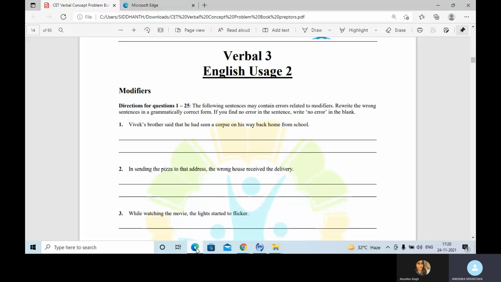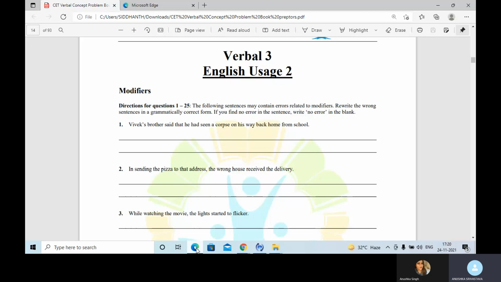So let's see, the first type of question is based on misplaced modifier. If I say, Vivek's brother said that he had seen a corpse on his way back home from school. Now the sentence is vaguely incorrect because corpse means a dead body. And he wouldn't say that the dead body was on his way back home from school. Who was on his way back home from school?